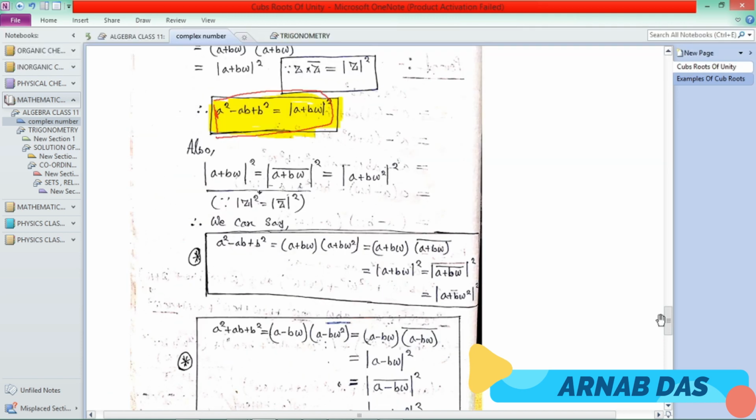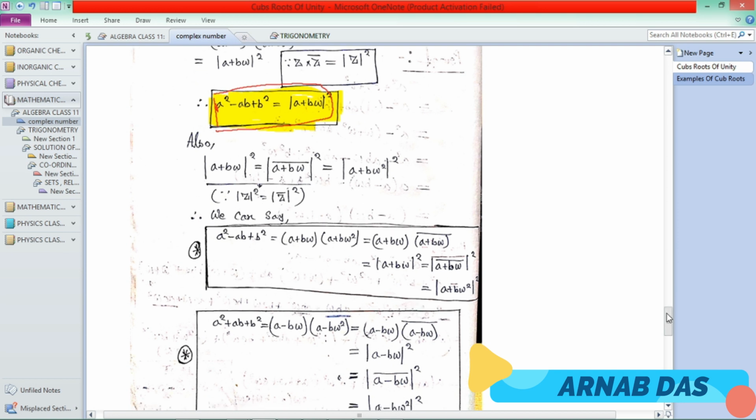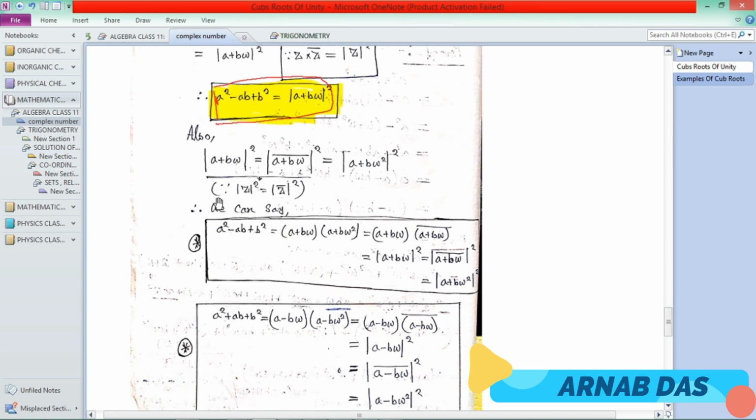So you can see these results, and after that you can also see the whole square of mod of a plus b omega equals the whole square of mod of the bar of a plus b omega, because mod of z equals mod of z bar.